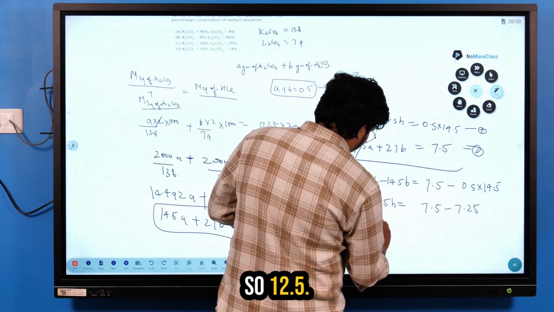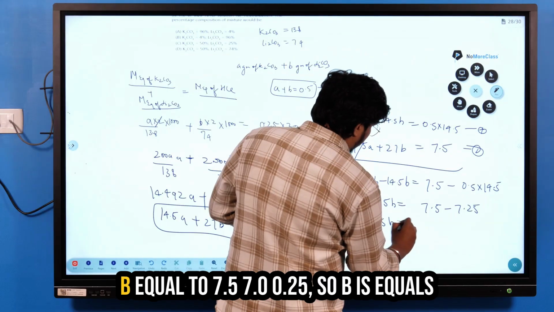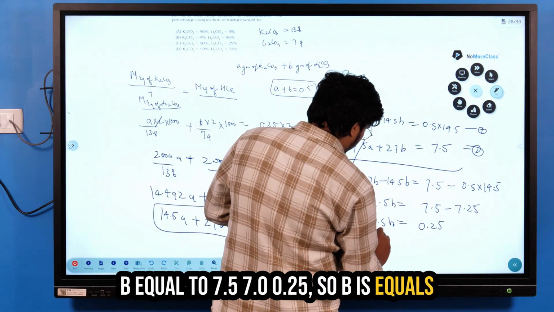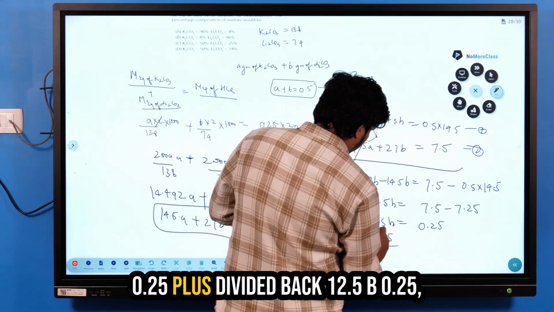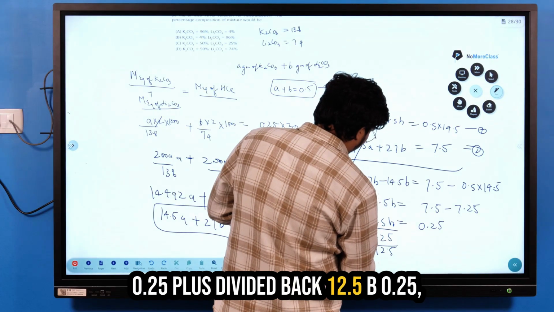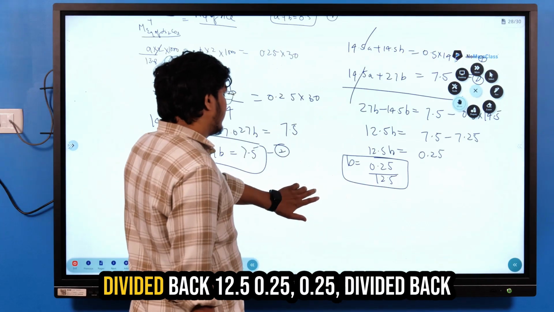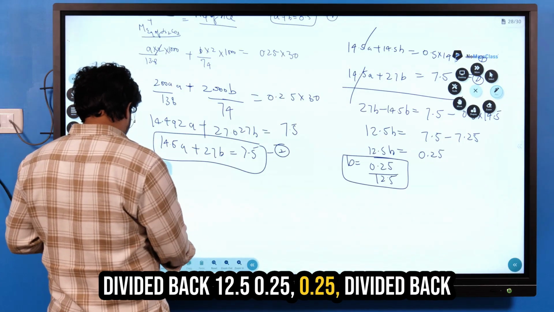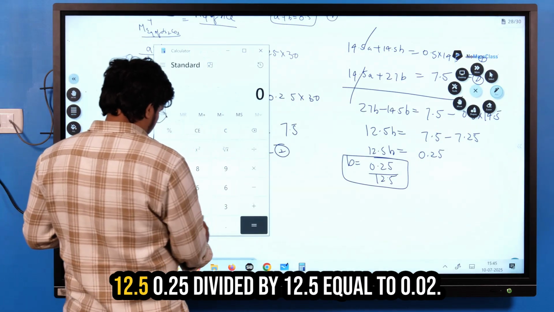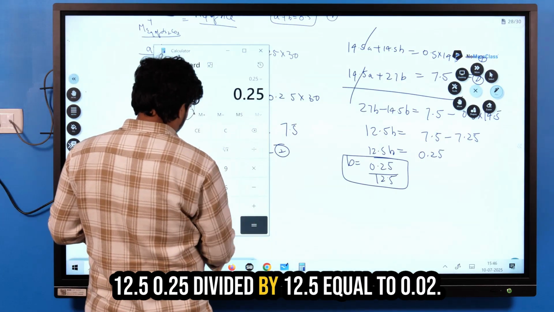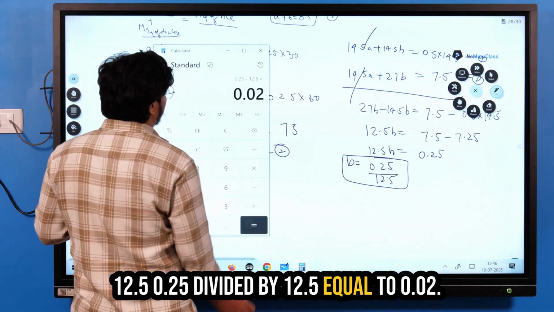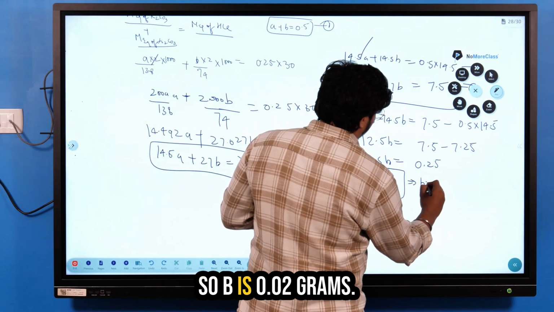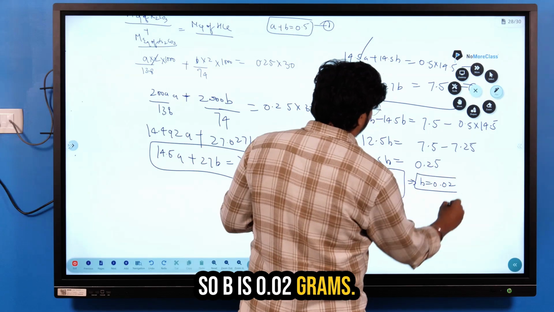So 12.5 B equals 0.25. B is 0.25 divided by 12.5, which equals 0.02. So B is 0.02 grams.